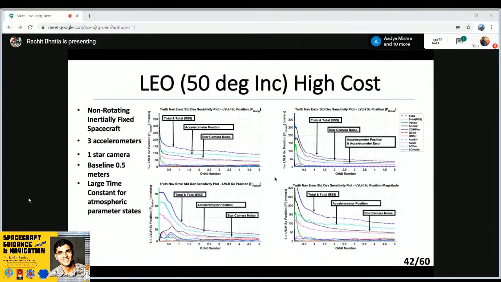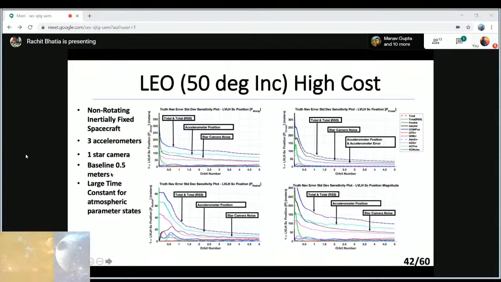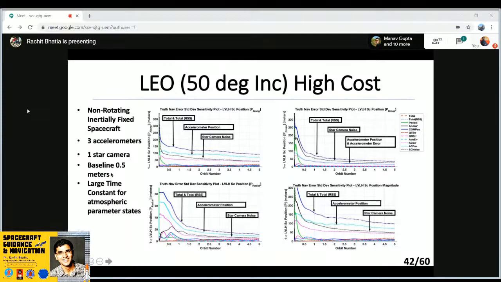So now here I present the first result, and this is for low Earth orbit, 50-degree inclination, high cost. I only present high cost results for today's presentation, just to keep it short. So I have a non-rotating inertially fixed spacecraft, 3 accelerometers, 1 star camera. Baseline is basically the distance between two accelerometers. So I have a 0.5 meter baseline, and then a large time constant.